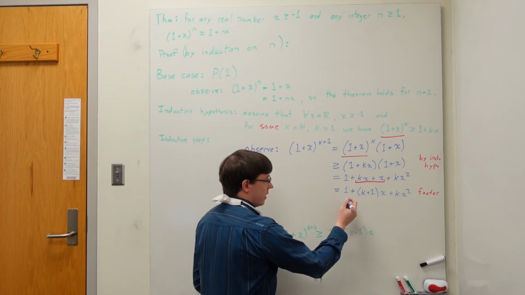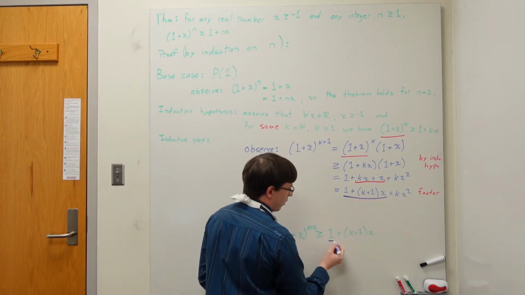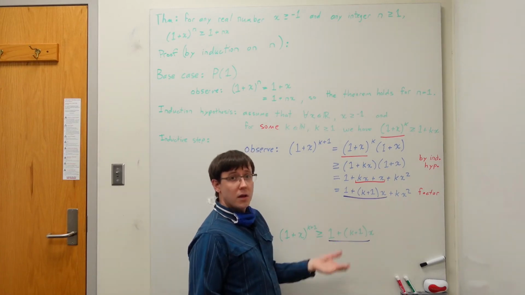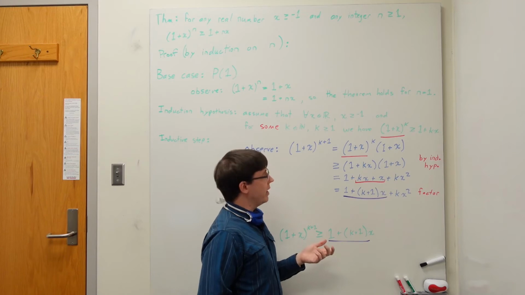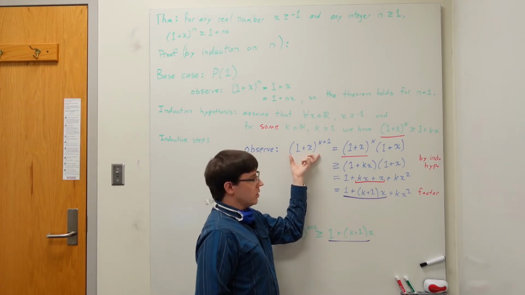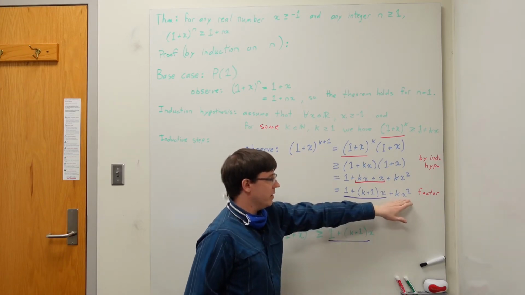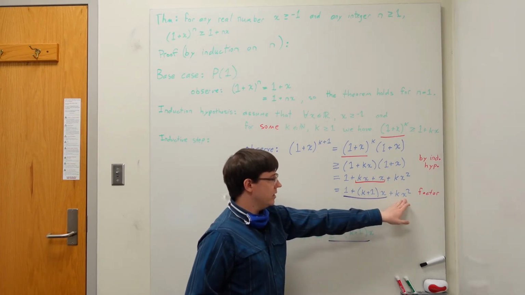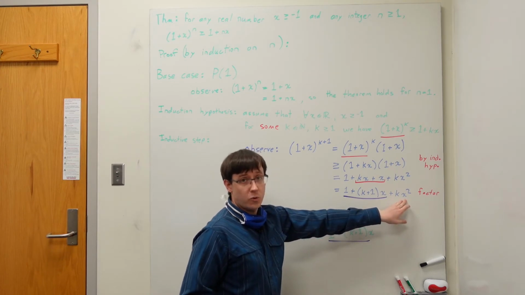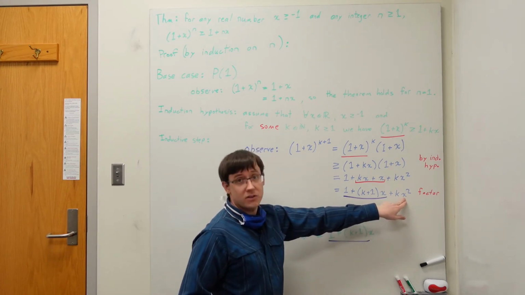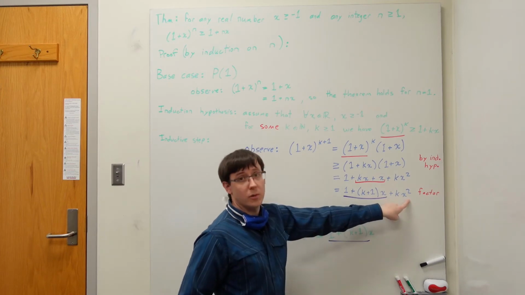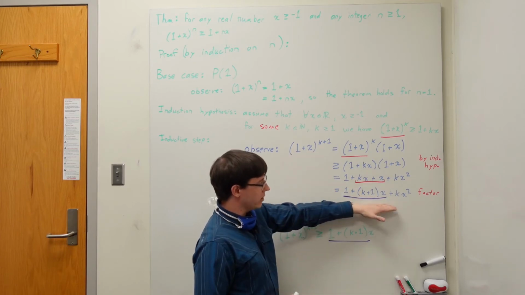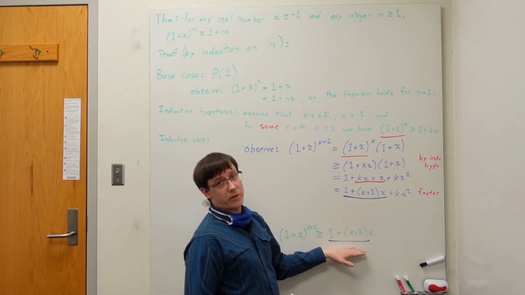But now we have a thing that looks like our goal plus some other term. But since our goal is to show a lower bound, to argue that this is larger, we only need to show that this can't be making the right-hand side smaller. And since k is greater than or equal to 1 and x has been squared, we know that this term must be positive. So if the left-hand side is greater than or equal to that, it is also greater than or equal to this.